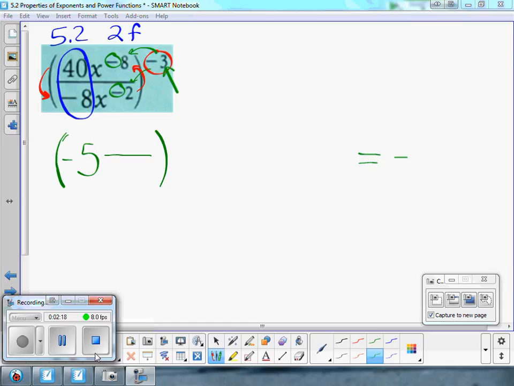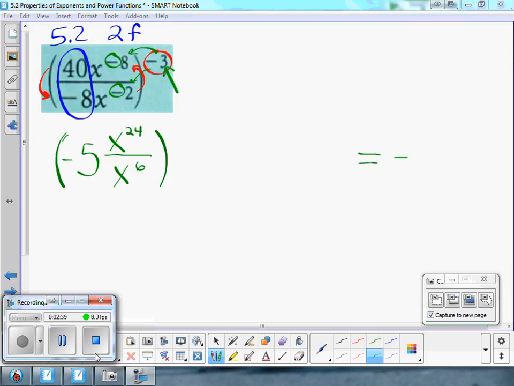For example, that x to the -8, what is -8 times -3? Positive 24 up there. And then what about x to the -2 times -3? That's x to the 6th.